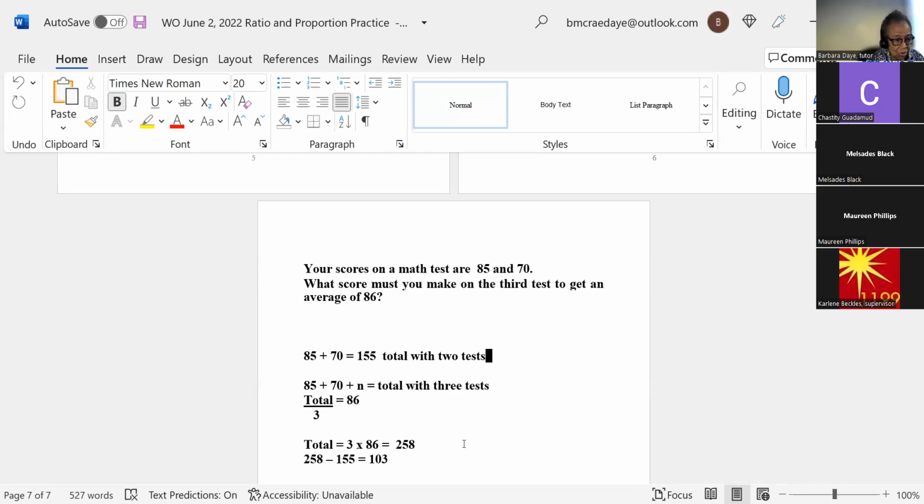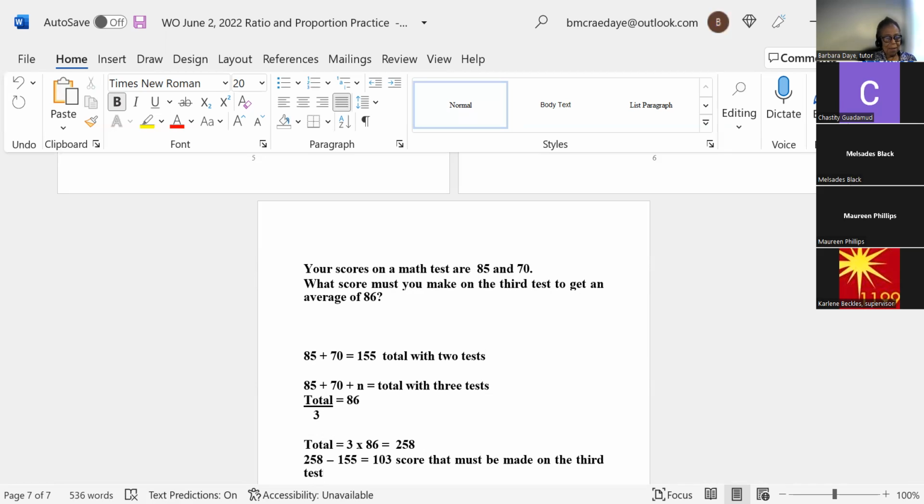Like you could find what your total is when you take 3 tests, but you've got to find the difference between that total and the total when you take 2 tests to give you what score you have to make on the 3rd test. So the 103 right here is the score that must be made on the 3rd test. Got it?